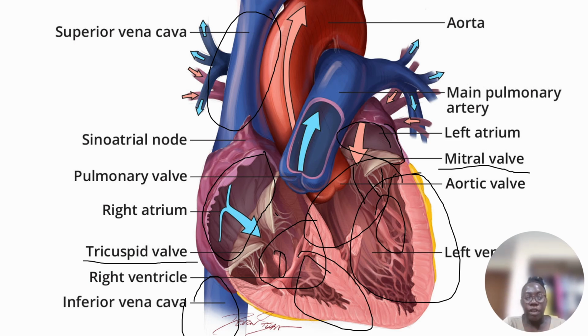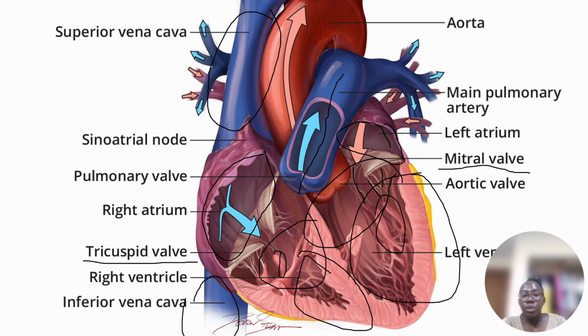After that, the papillary muscles and the chordae tendineae close that valve and help it stay closed so that the blood does not go back into the right atrium but goes forward into the pulmonary trunk.